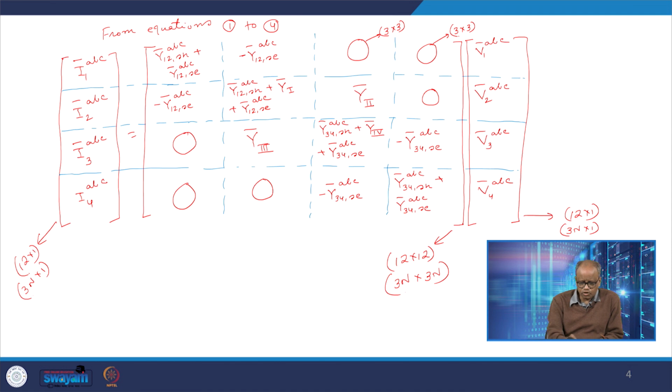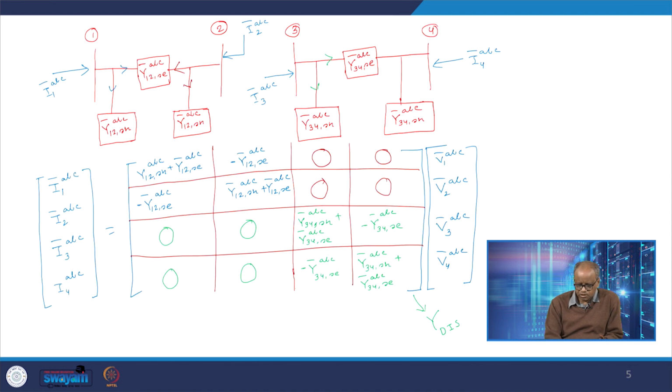If I compare this disjoint matrix, between bus 2 and 3 there are these matrices y1, y2, y3 and y4. These are the 4 matrices for the transformer.